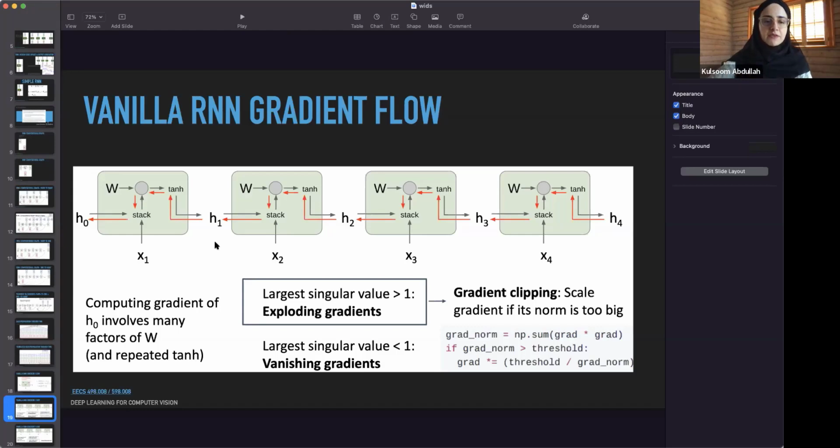What that means is it's going to become such a large number that your computer can't even represent it anymore, and you're going to stop learning, meaning it's going to just stop updating the weights because the number just keeps growing and can't be represented. And then somewhat similarly, if your weights are less than 1 and you keep multiplying, they're going to become smaller and smaller, until they go to 0, and you cannot learn anymore either.